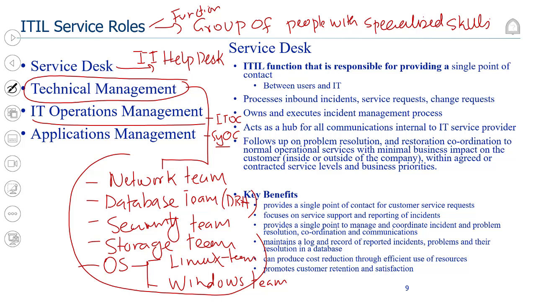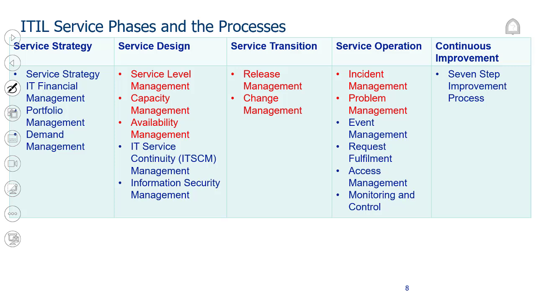Okay, now let's go back here. Now that we know the roles, roles are those groups of people that will be doing the things for us and helping us resolve the issues. Now we come back to the phases that somebody was asking. We have 5 phases, and I've listed them in chronological order.